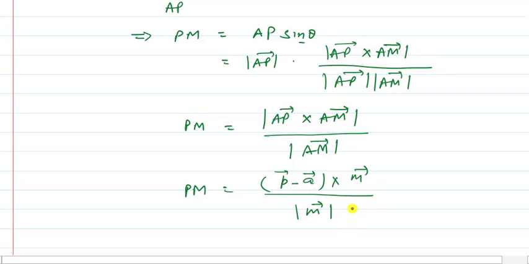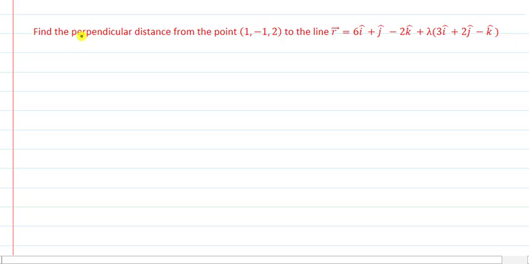Let me take one example to show how to use this formula. The problem is: find the perpendicular distance from the point (1, -1, 2) to the line r = 6i + j - 2k + λ(3i + 2j - k).